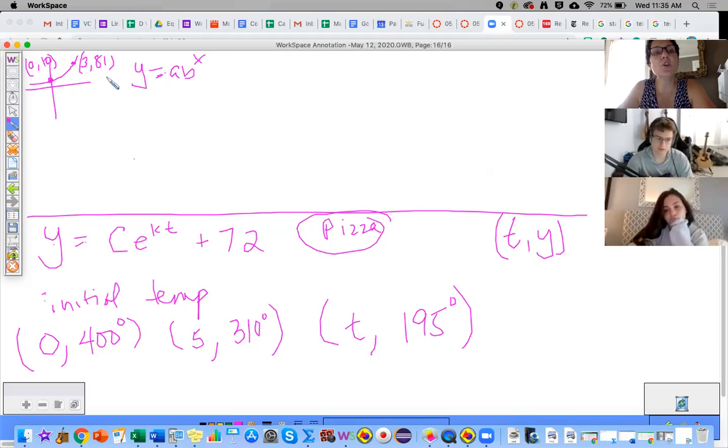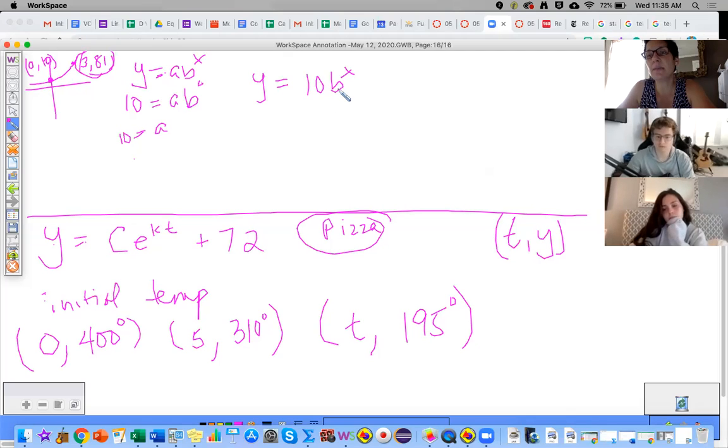Yeah. So you would just plug in the 0, 10. So you would do 10 is equal to a times b to the 0. B to the 0 is 1. So I know that a is equal to 10, right? So then I would just have y is equal to 10 b to the x. And then I would plug in the second ordered pair to find out what b is. Does that make sense, Billy?